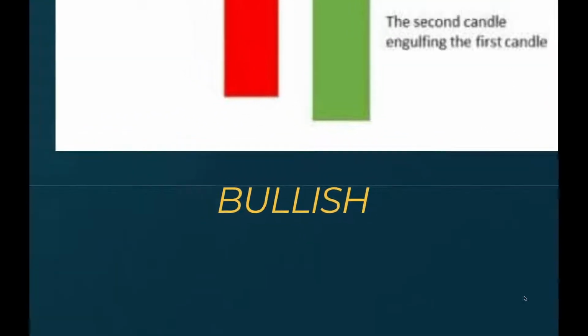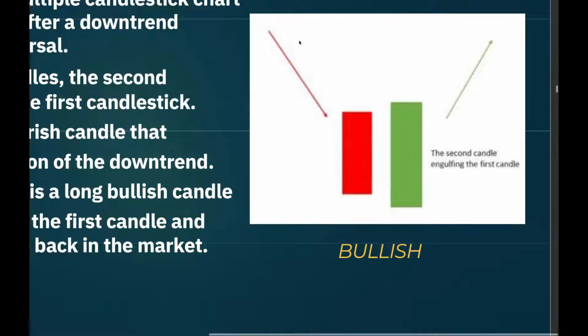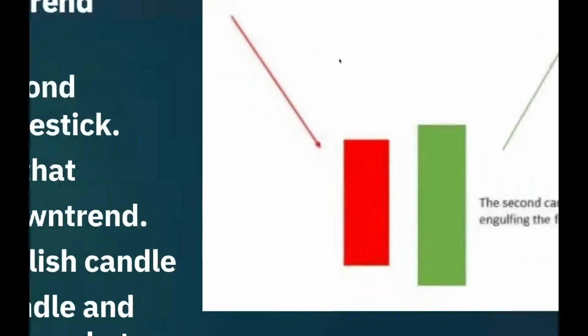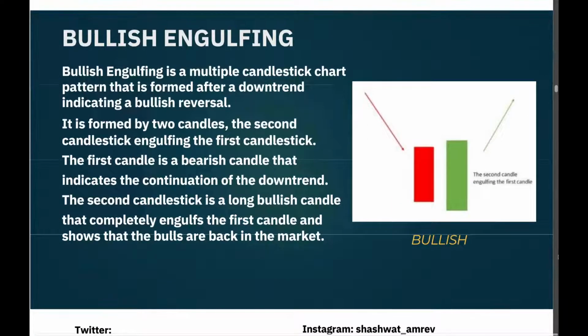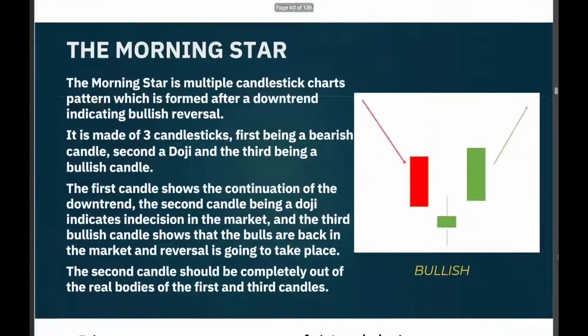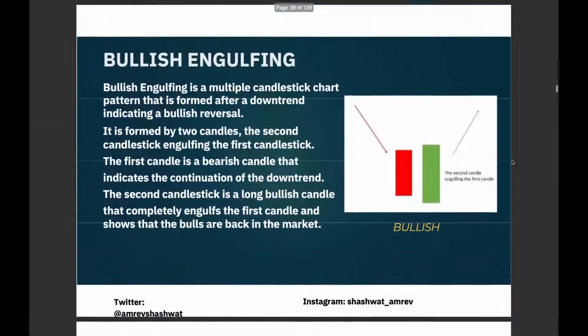This shows a bullish move. Whenever you see a red candle and then a green candle bigger than the red candle at a downtrend, this is a condition, guys, at a downtrend, you will instantly realize that okay, a bullish move is coming in.